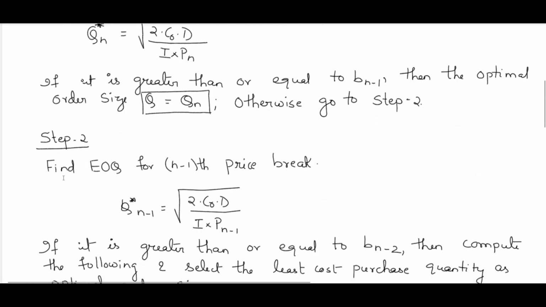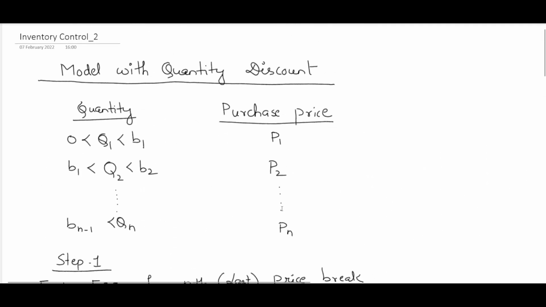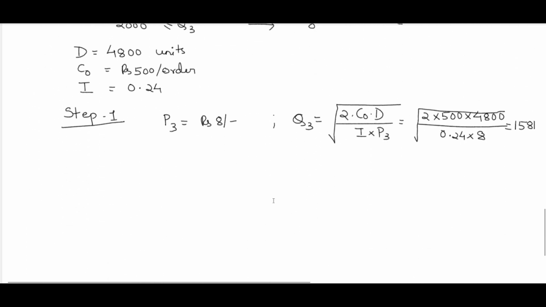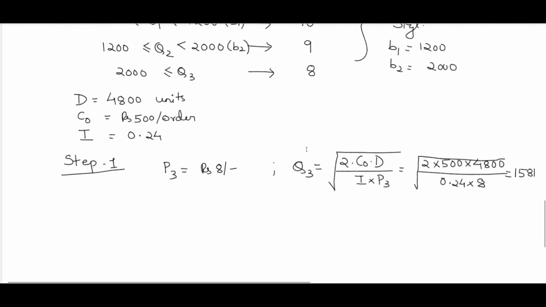What is step 2? You have to determine the EOQ of the previous price level. So we will go to the price of rupees 9, and now the next step, number 2.